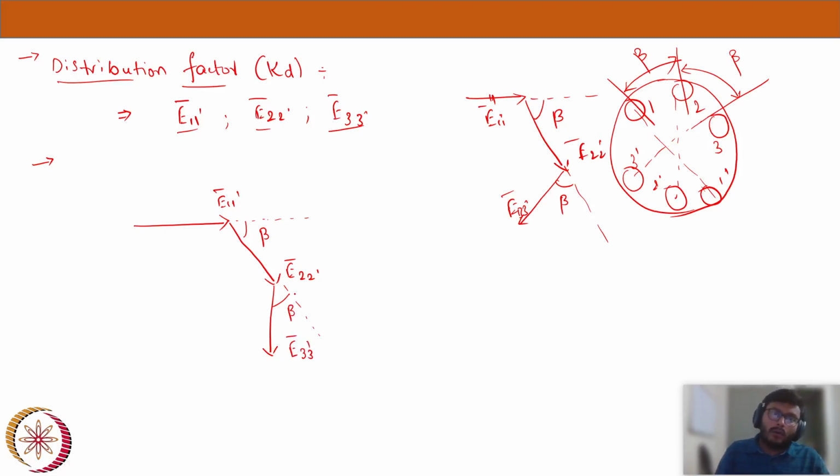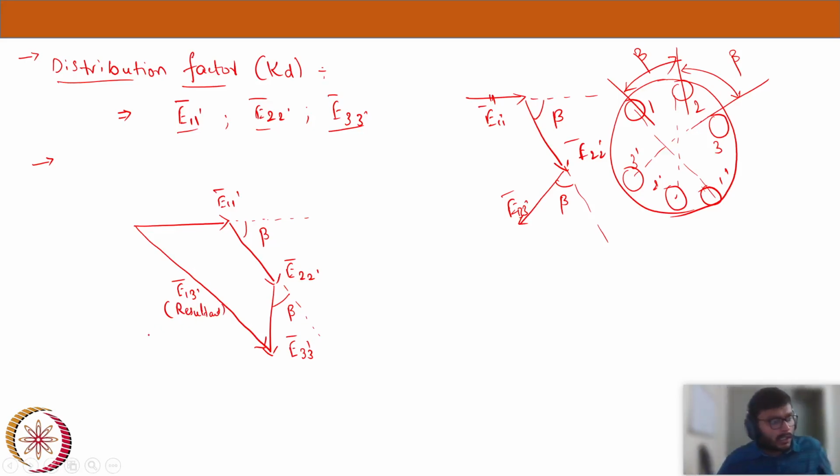Now we are interested in the resultant magnitude, that is this one. So this one is E13 dash. This is the resultant that we are interested in.